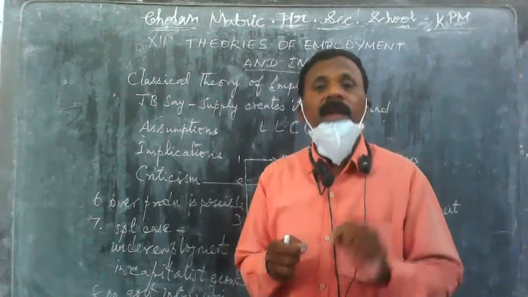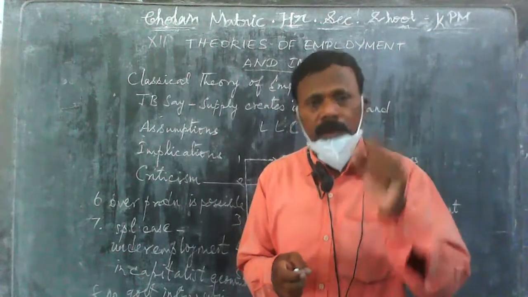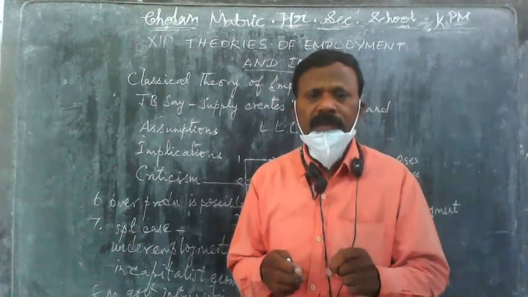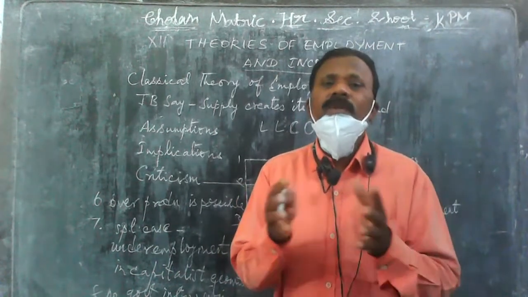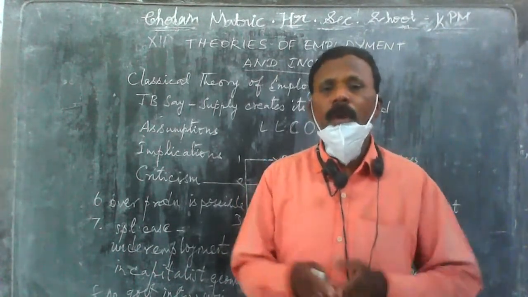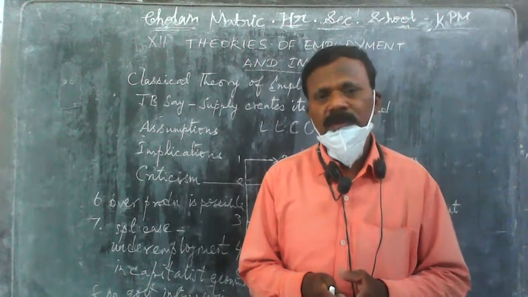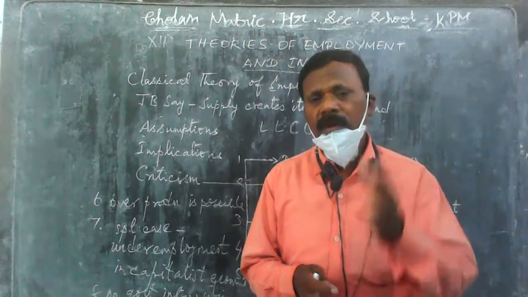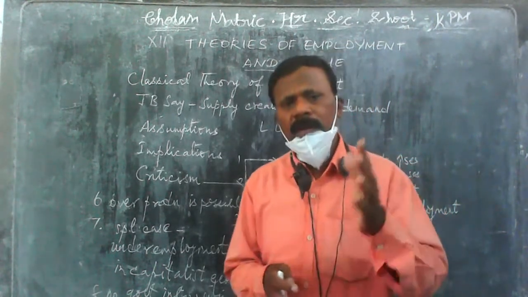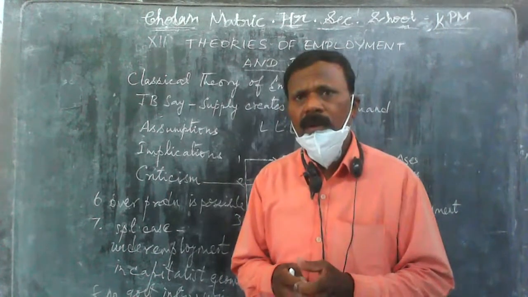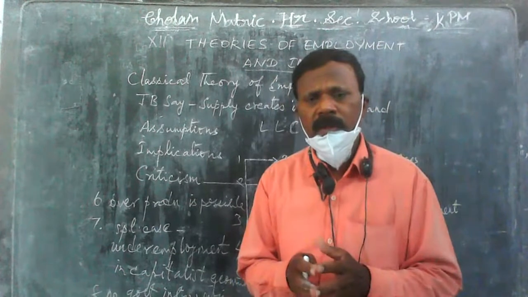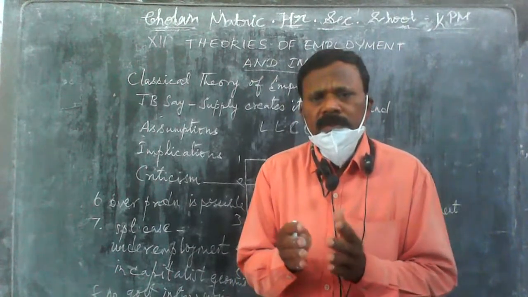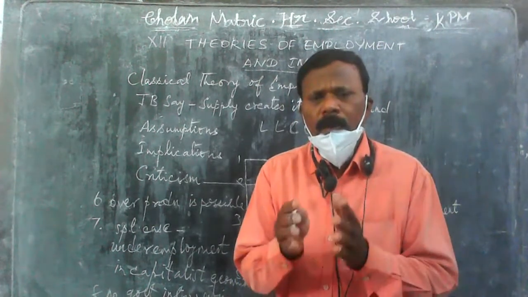Therefore, each product produced in the economy creates demand equal to its value in the market. As I already mentioned, according to classical theory, the economy is in full employment.